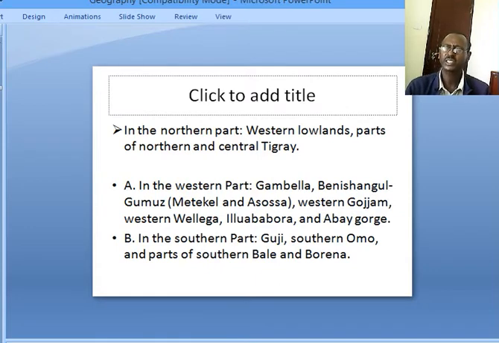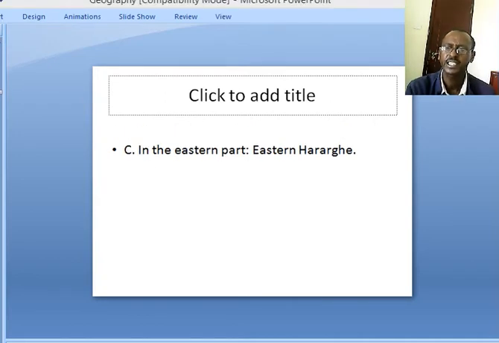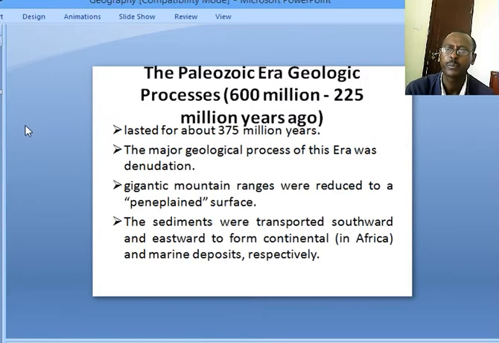Two, in the southeastern part: Guji, southern Omo, and parts of southern Bale, we will find this kind of rocks. The third area where these rocks are found is the eastern part of Ethiopia, particularly eastern Harari. So these are what has been observed during that period.